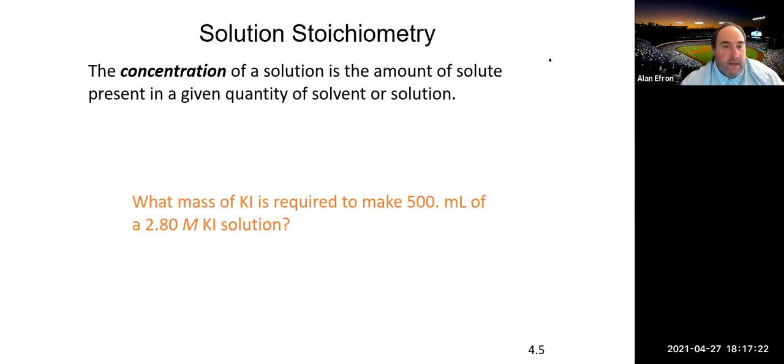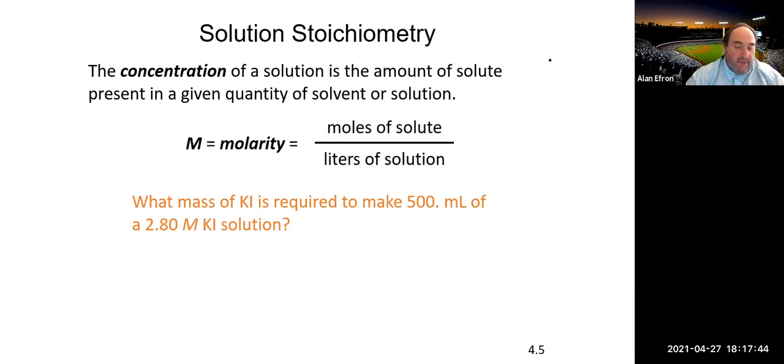So what we're going to talk about now is some concentration units. When we talk about solutions, concentration is a big topic that is used with solutions. The most common concentration unit that we come across is molarity. Molarity is capital M, and molarity is basically moles per liter.